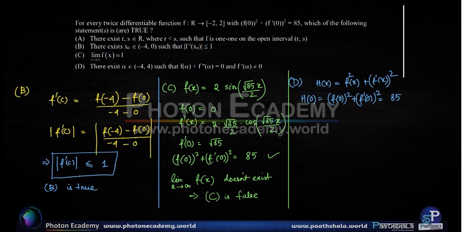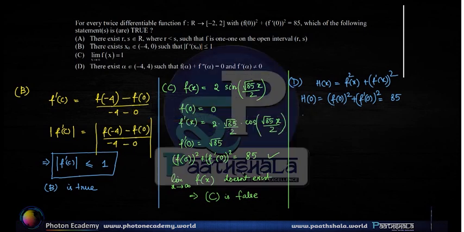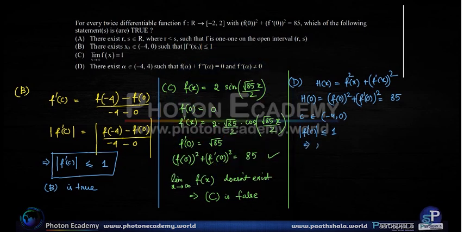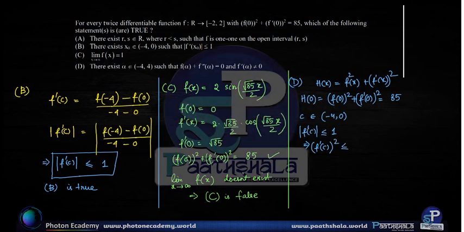In option B, we found that there exists some C which belongs to -4 to 0 such that mod f dash C is always less than or equal to 1. That implies f dash C square is always less than or equal to 1.